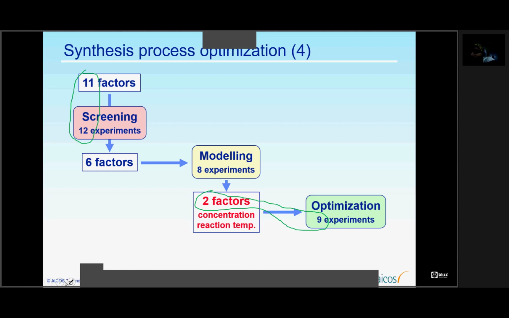But overall, what you see is that we had 11 factors. What we have done are 12 experiments here, 8 there, so 20 in total, plus 9, 29 experiments to get a lot of knowledge about the important factors, about their impact, and to find a good solution leading to a quality deviation of 0.6%.